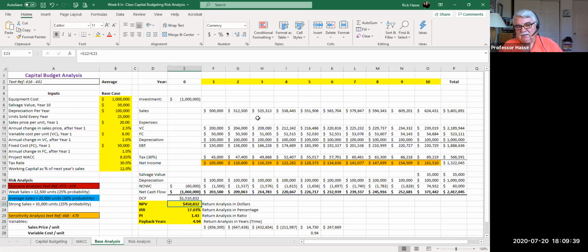The combination of accounting income and other cash vehicles, salvage, depreciation, working capital, gives us the bottom line in finance, called the net cash flow.